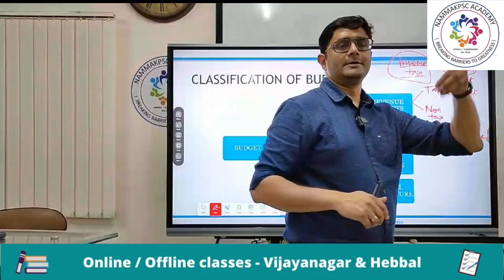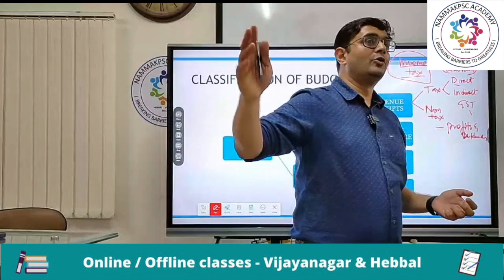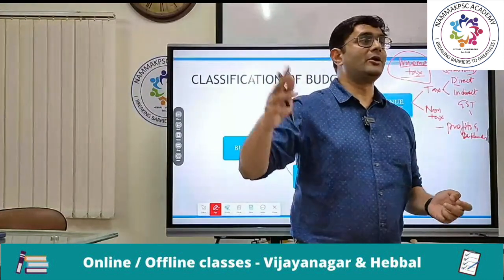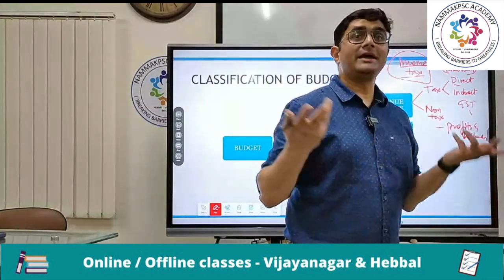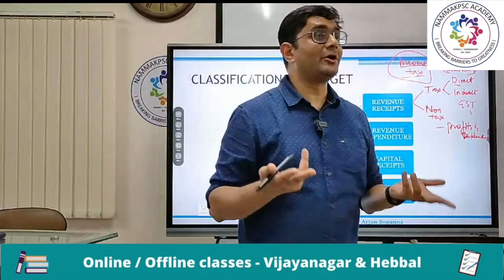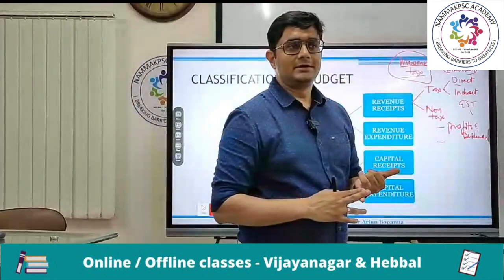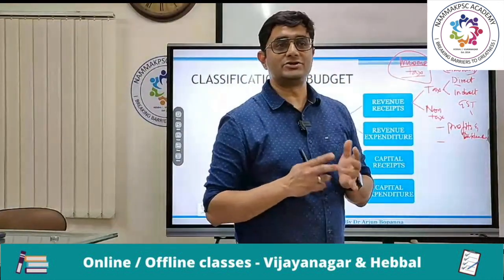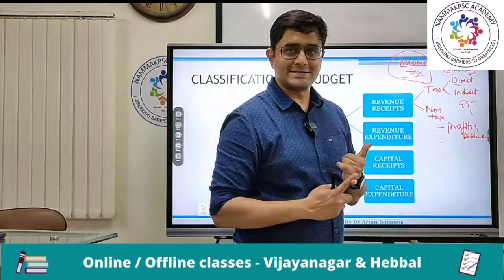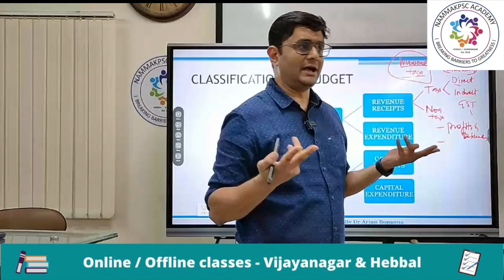Profit is like the government has companies, like Coal India Limited, Shipping Corporation of India, Hindustan Petroleum, and they make profit. It is recurring in nature, but that's not the definition. The definition is that it should not reduce asset nor increase liability. Profit will not increase liability.